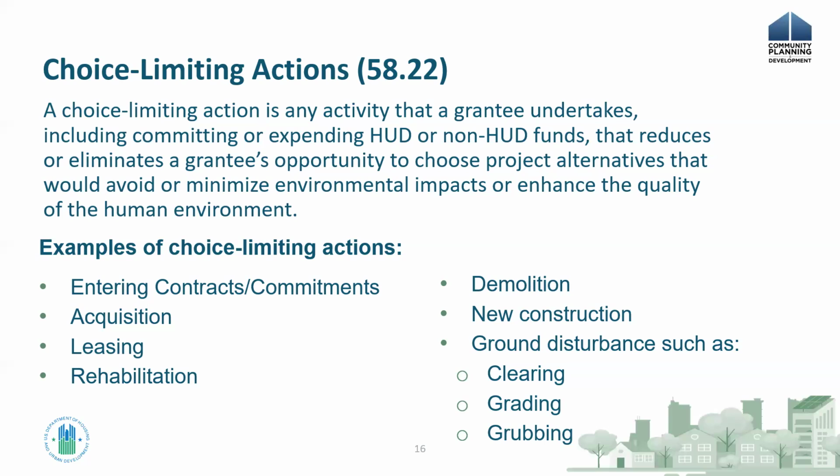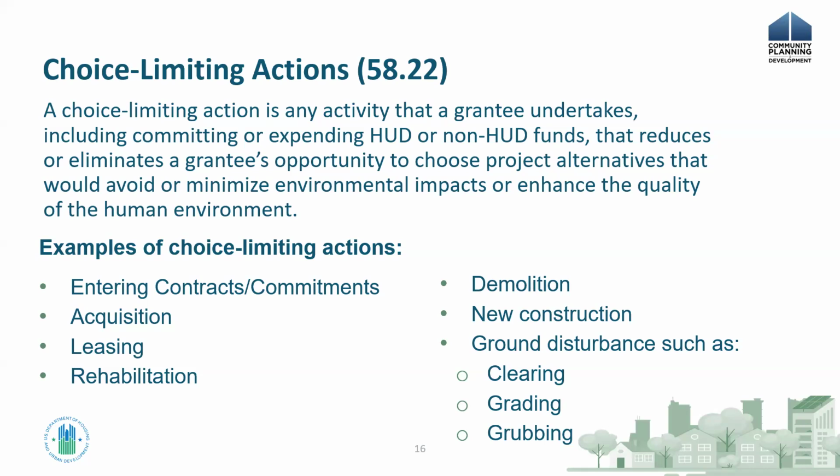So those are all examples of choice limiting actions that cannot be taken after the federal nexus until the environmental review is complete. That's the whole purpose of the environmental review, to evaluate a site and its conditions and look for potential alternatives before you take those actions.